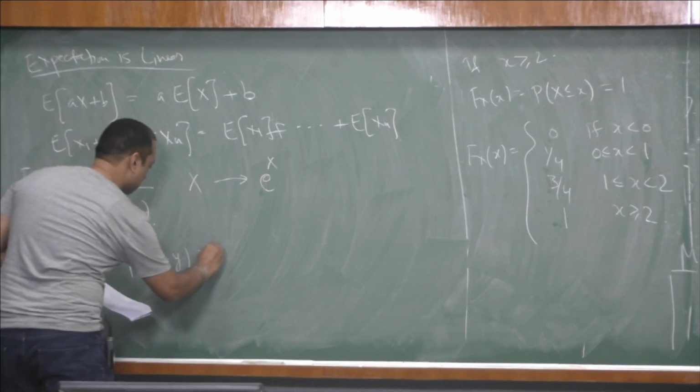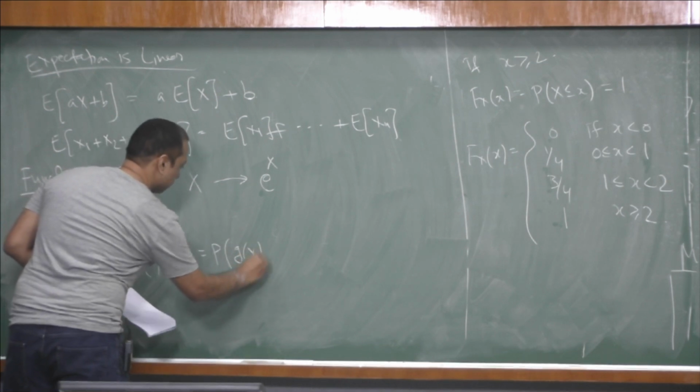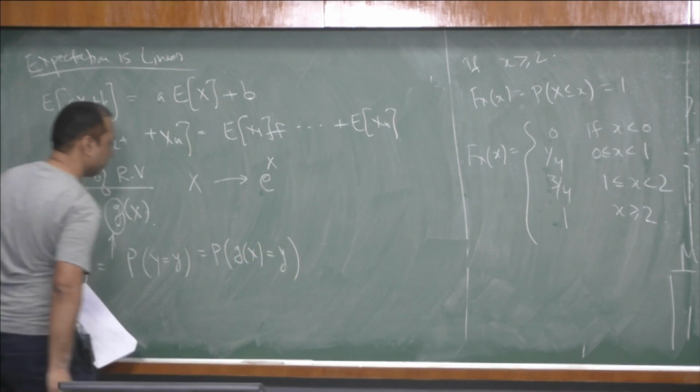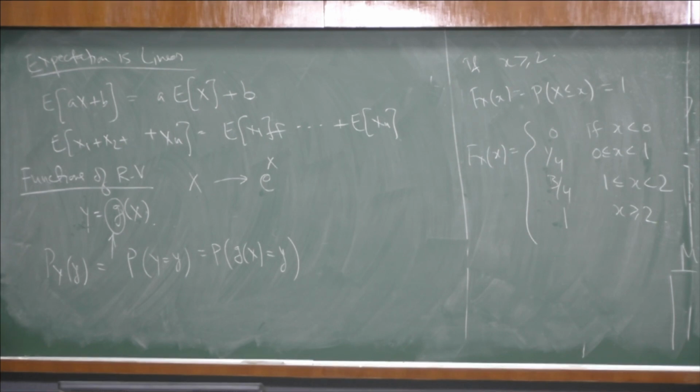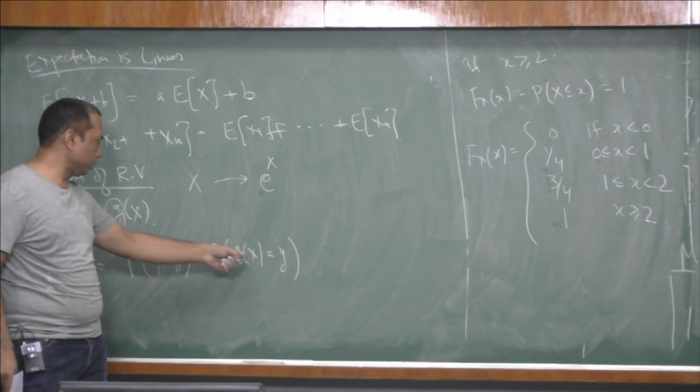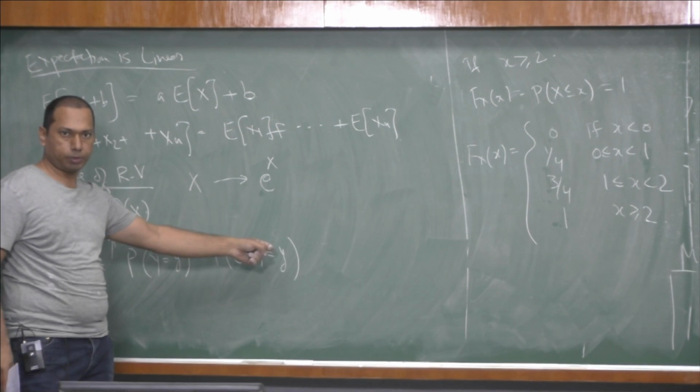This is the same thing as saying probability that g of x is y. And what we can do is we can take an inverse here. I can say, okay, this is the same thing as saying that x is g inverse y.